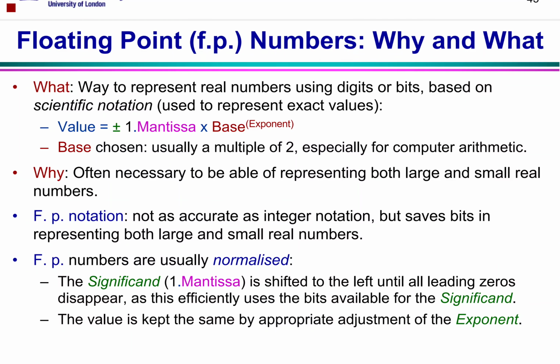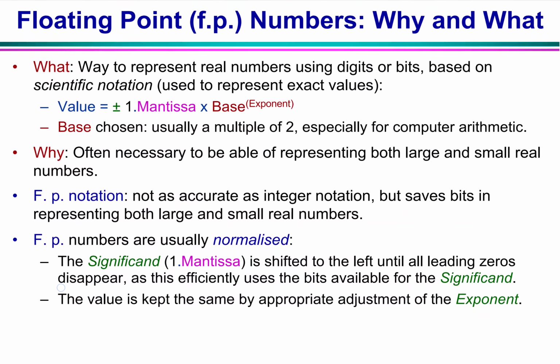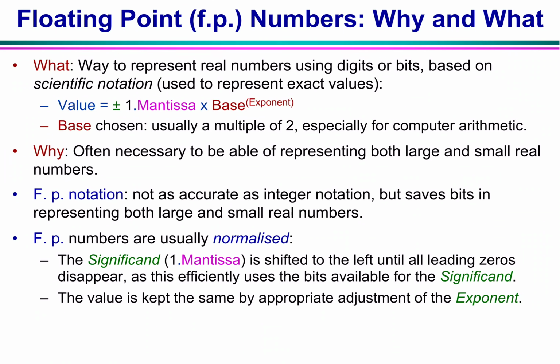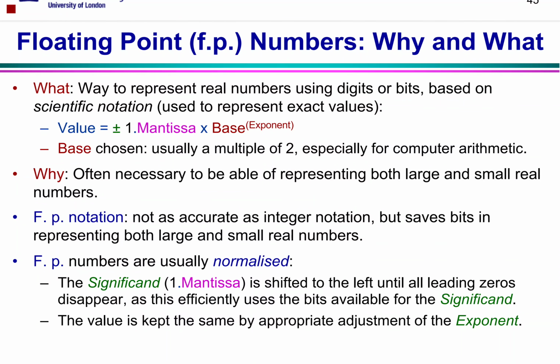It is often necessary to represent both large and small numbers. Floating point notation is not as accurate as integer notation but saves space in representing both large and small real numbers.